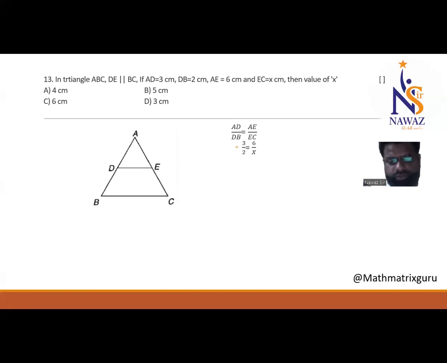Upon substituting the values, we get 3 by 2 is equal to 6 by X. AD is given as 3, DB is given as 2, AE is given as 6, and EC is given as X centimeter. On cross multiplication, we get X is equal to 6 into 2 divided by 3. 6 into 2 is 12. So X is equal to 12 by 3. 12 by 3 is nothing but 4.